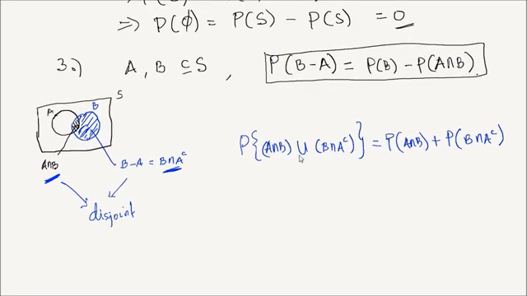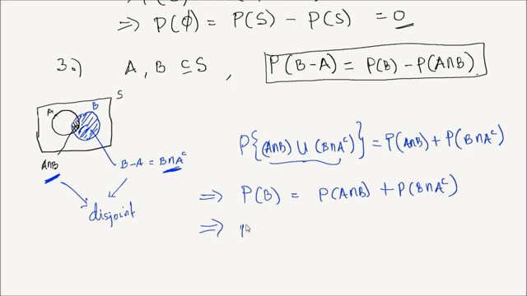What is the union of those two? The union of those two, the blue union the one in black, gives you the entire region covered by B. And that is equal to the probability of B, which is equal to the probability of A intersection B plus the probability of B intersection A complement.